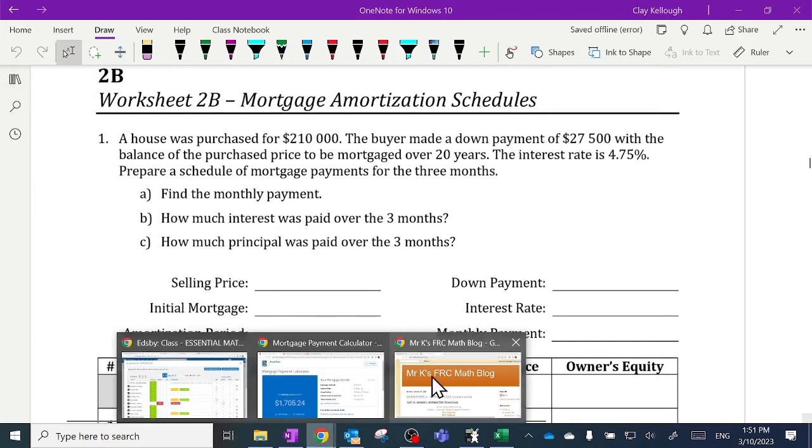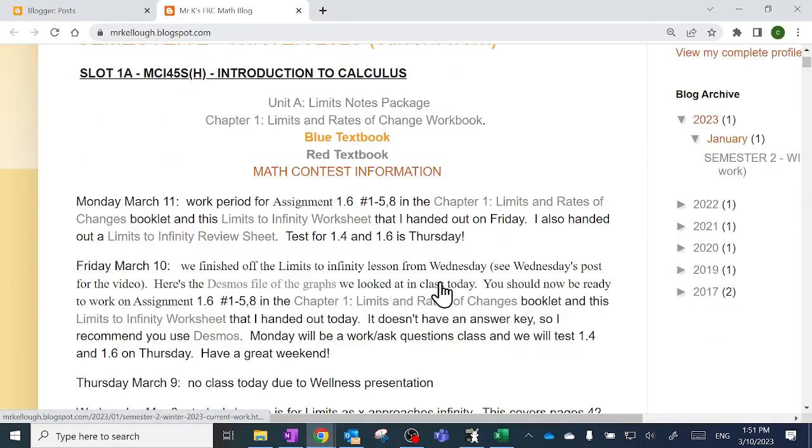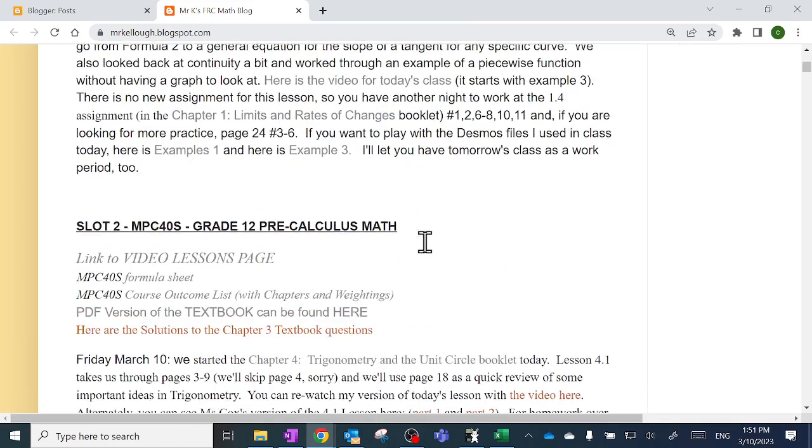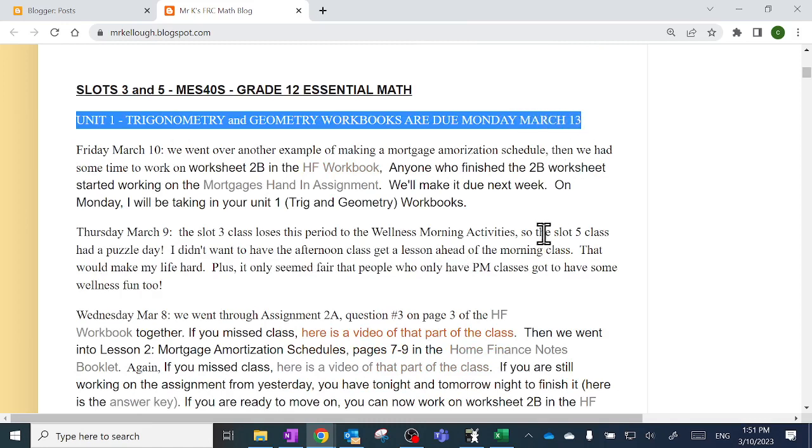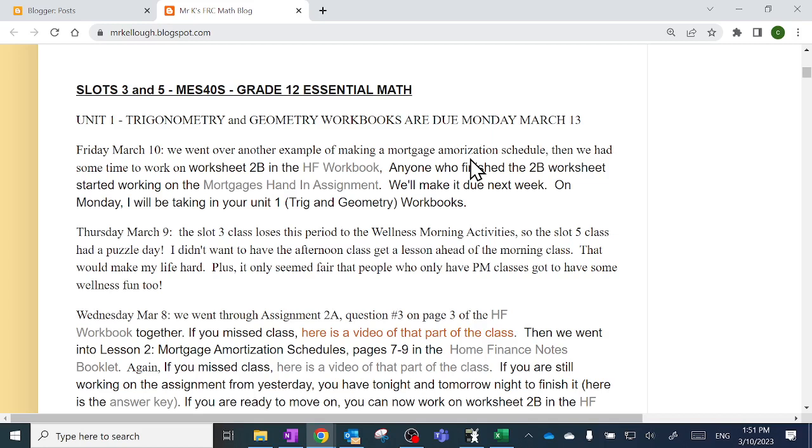And the other little announcement I'm going to make today is, on Monday, I'm finally going to get you to hand in your Unit 1 books. So make sure you got your Unit 1 book ready to be handed in. And while you're working on amortization tables, I'll try to mark them and give them right back to you. I'm not going to mark every single question.